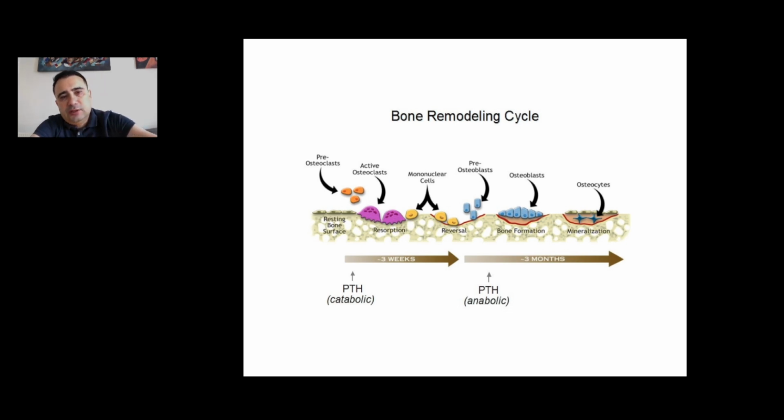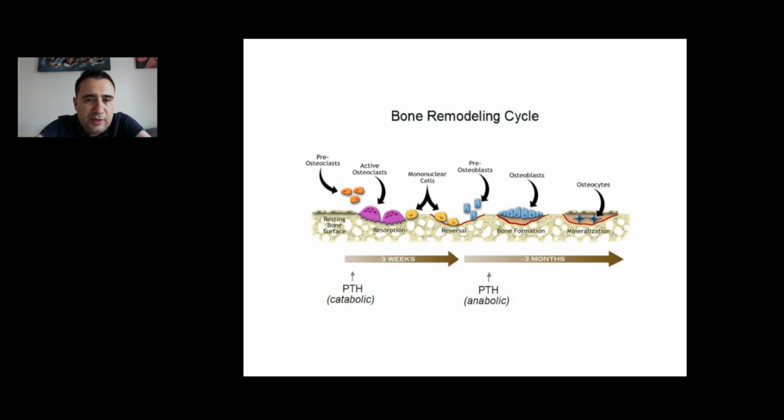If you look at the cycle of bone remodeling, we have a resting bone surface, and then osteoclasts resorb the bone. It is not always first, but it can be. This is just showing one part of the remodeling cycle.